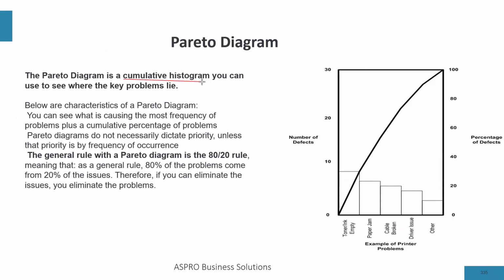And Pareto discovered something in his country. He discovered that 80% of the wealth of his country was controlled by 20% of the citizens.